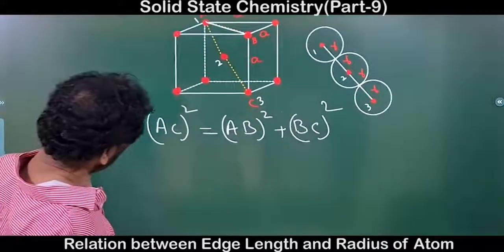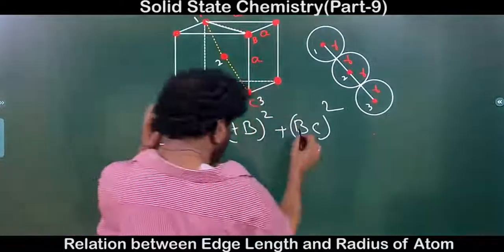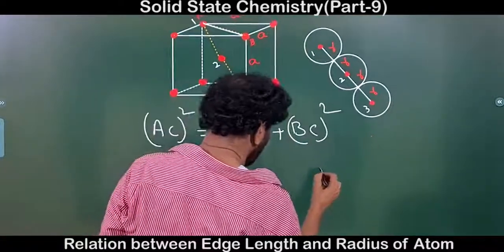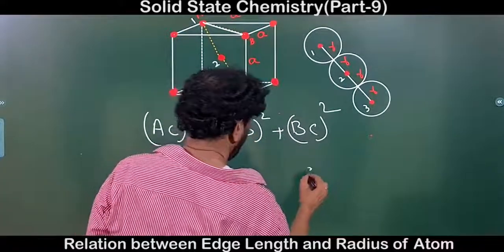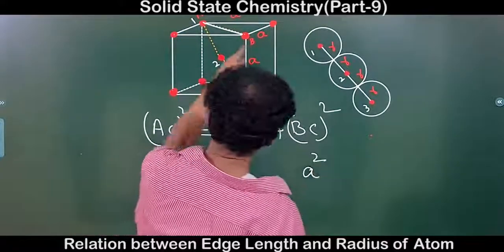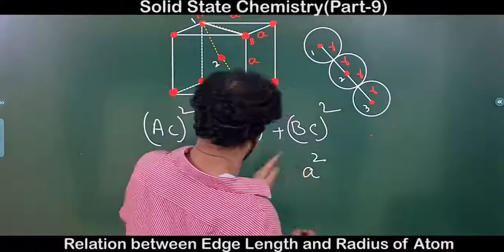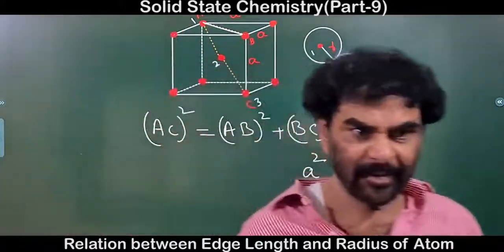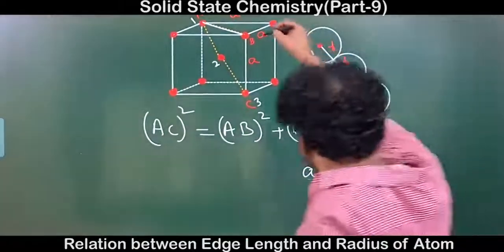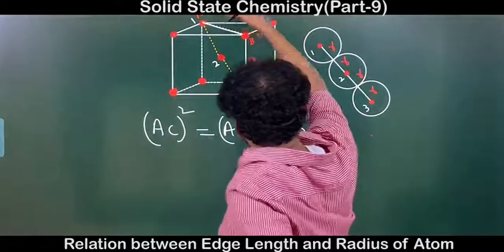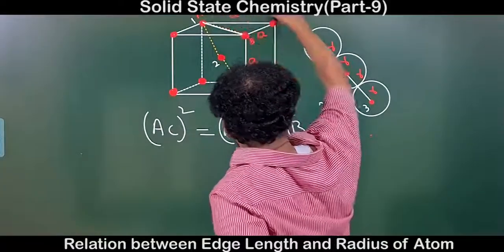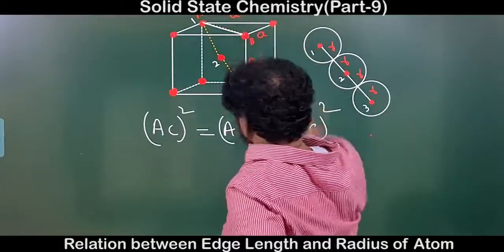Now, BC is the edge A, so BC square is A square. What about AB? AB is not A. This is the hypotenuse of this right angle triangle, the face diagonal.